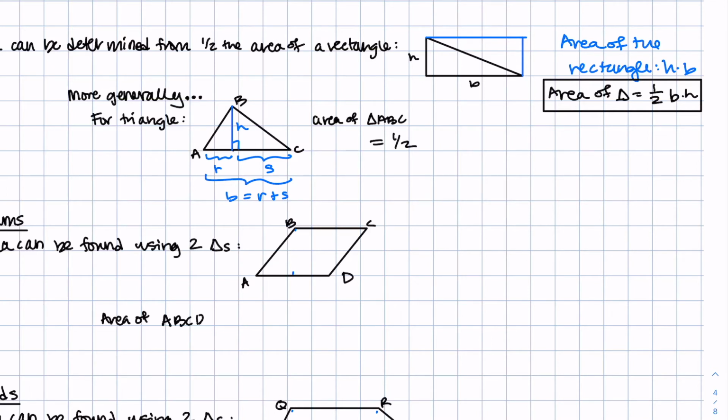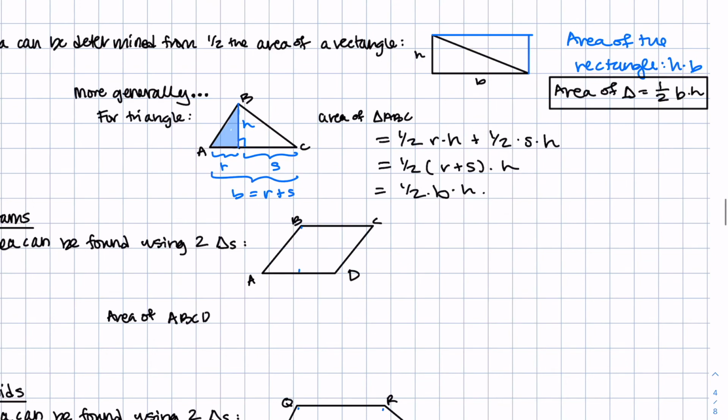So for this triangle on the left, the area is 1/2 R times H, and the area of the triangle on the right is 1/2 S times H. Now if I factor out the 1/2 and the H, this is 1/2 (R plus S) times H. We already said that R plus S is the base. Great, so that's where this general form comes from. So it even works with these non-right triangles, which was kind of the point of this demonstration.